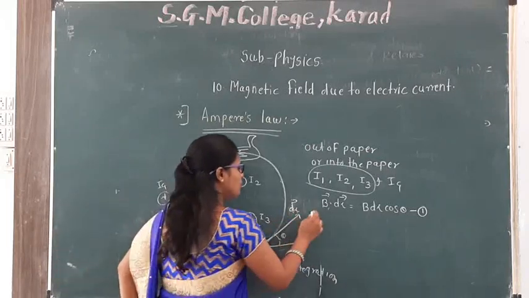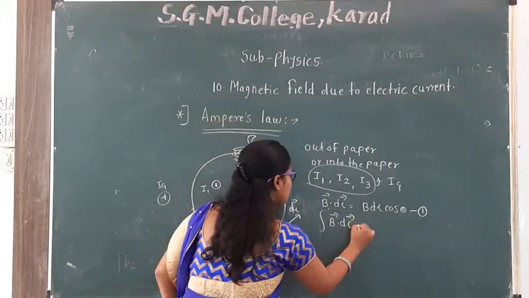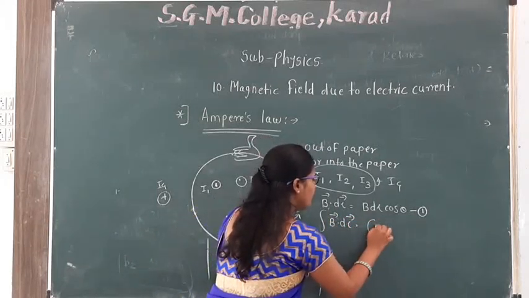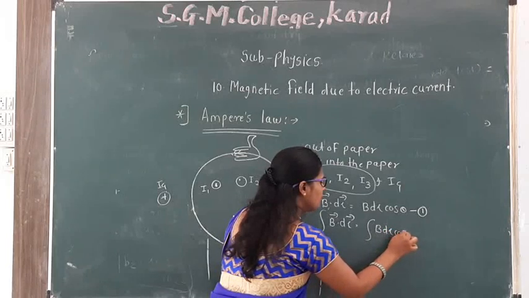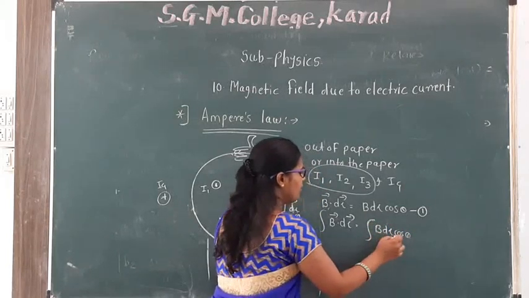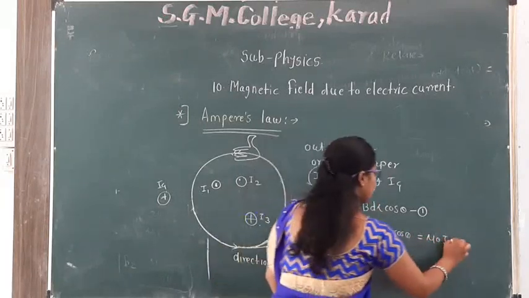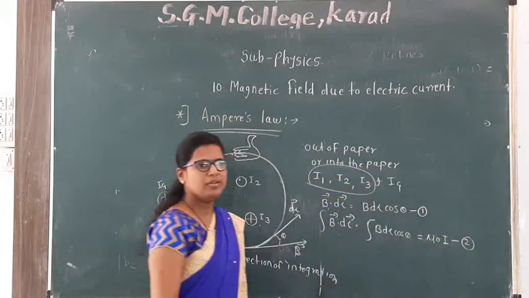Now integrating both sides, the integral of B dl cos theta equals mu 0 I. This is Ampere's law.